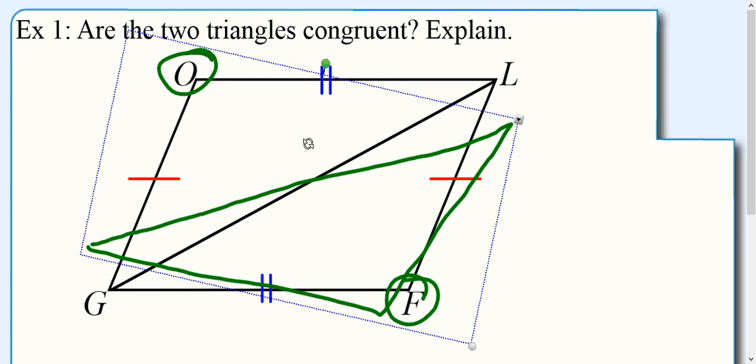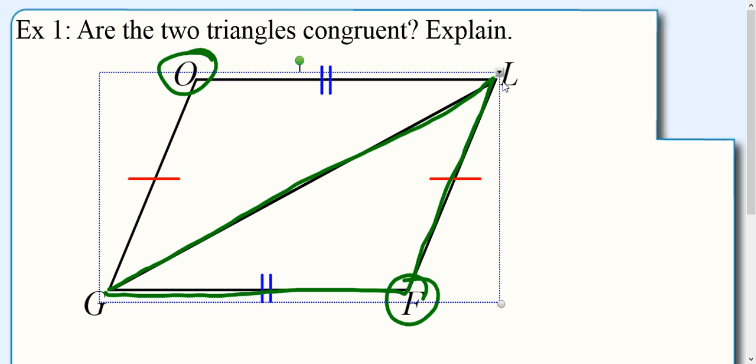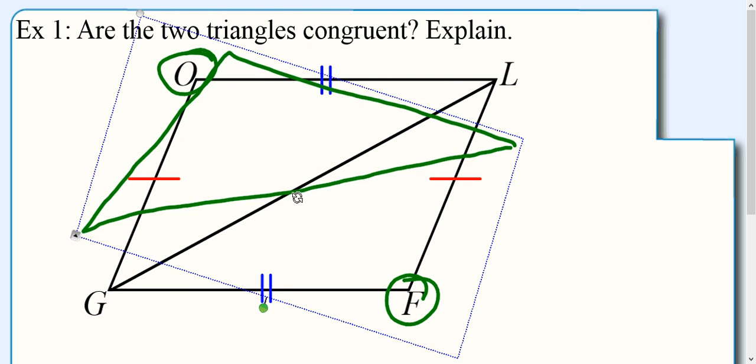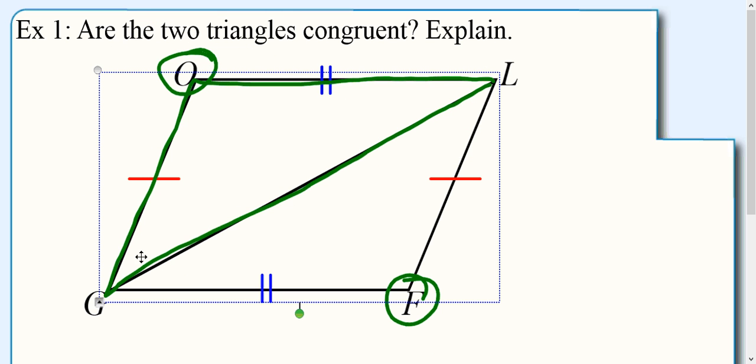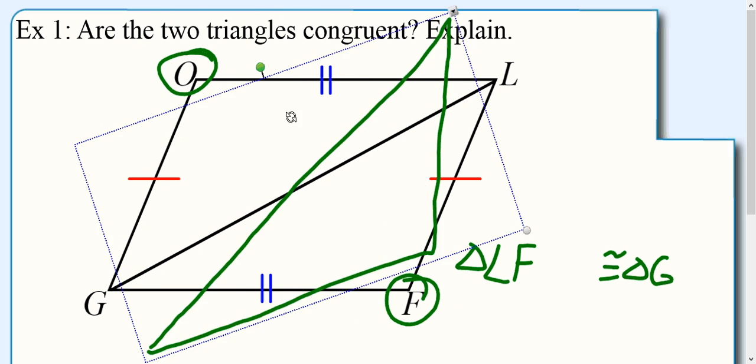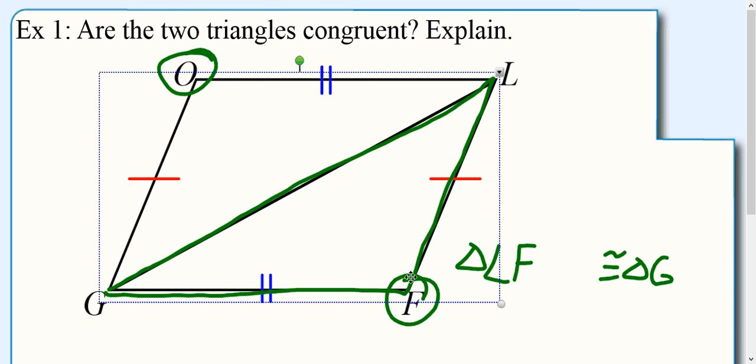So when we rotate, point L rotates around and matches up with G. L rotated all the way around over here to G. So when we start with L in the other triangle, we have to start with G because L matched up with G. And if we go from L to F, look where F started, over here, bottom right.